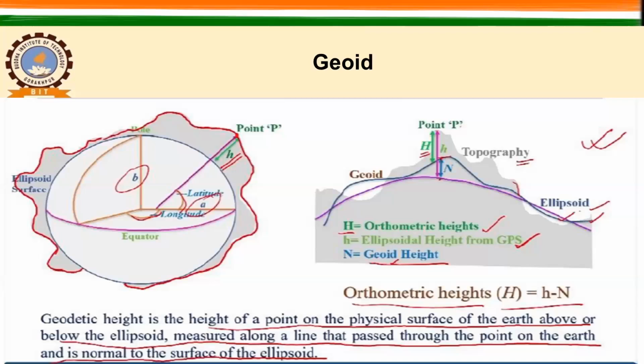Geodetic height is the height of a point on the physical surface of the Earth above or below the ellipsoid, measured along the line that passes through the point on the Earth and is normal to the surface of the ellipsoid. So this is what we have seen here. This was related to the height estimation of a given point using the ellipsoid and geoid.